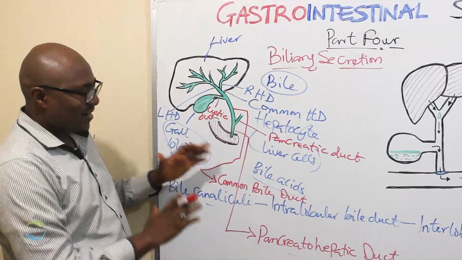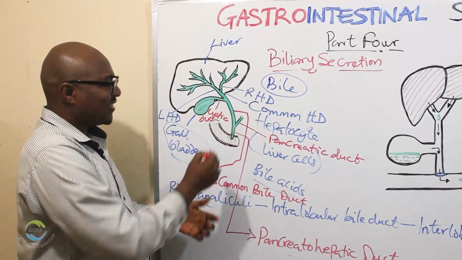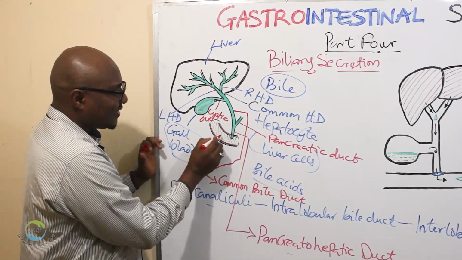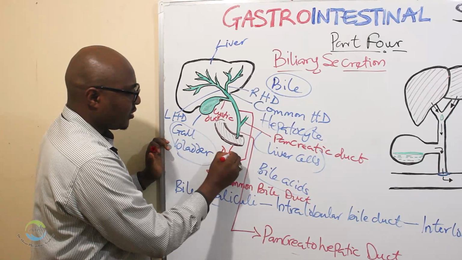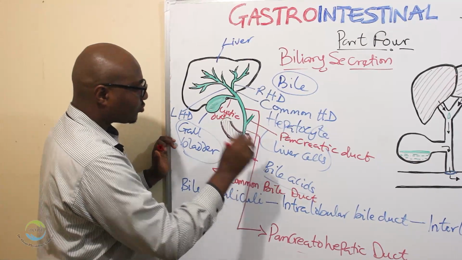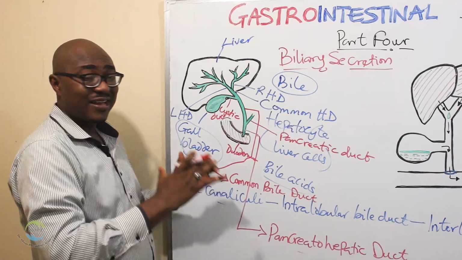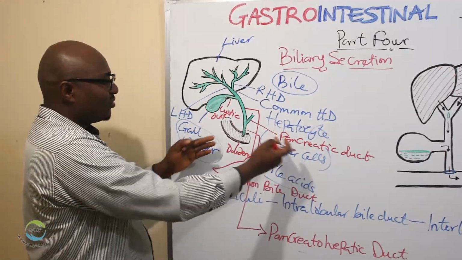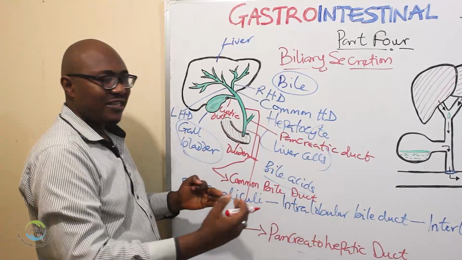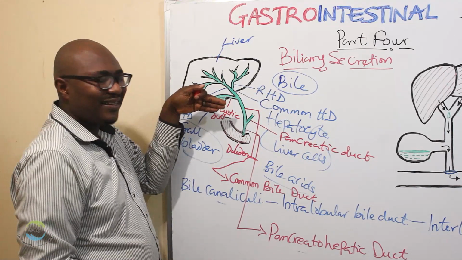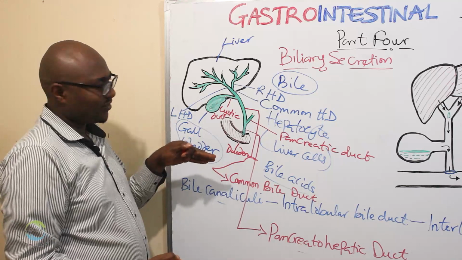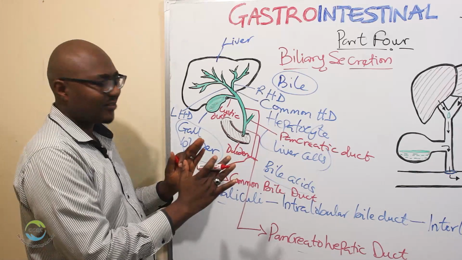So it's the pancreatohepatic duct that opens into the duodenum, the second part of the duodenum. Okay? This is the duodenum. So this pancreatohepatic duct is delivering both pancreatic secretion and biliary secretion together. Okay?